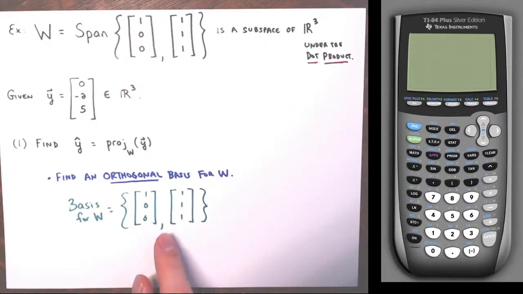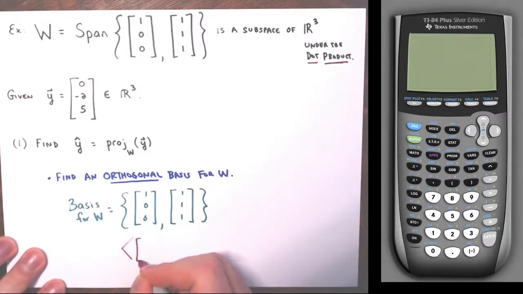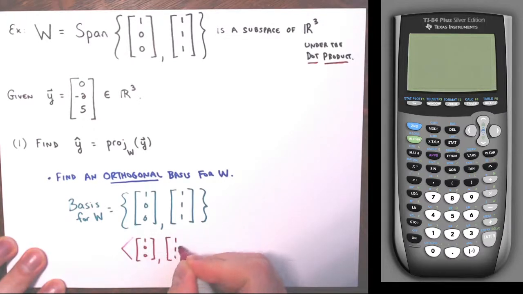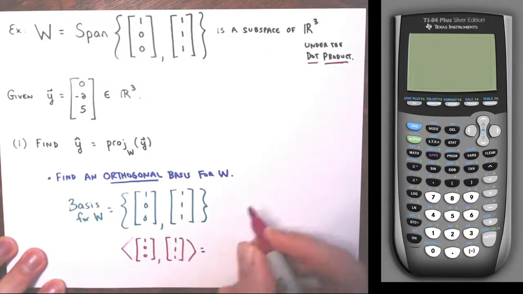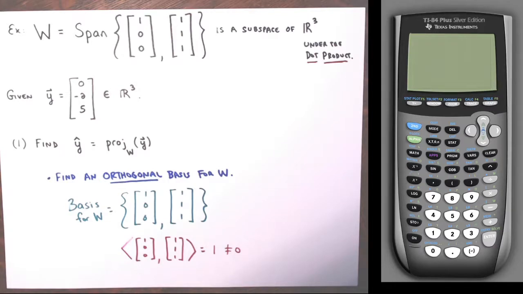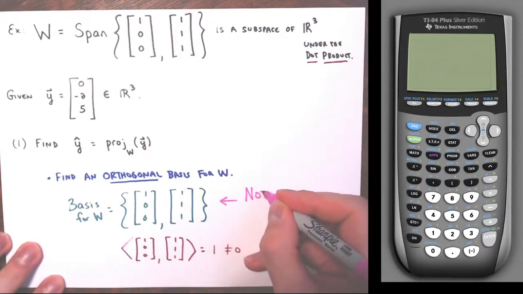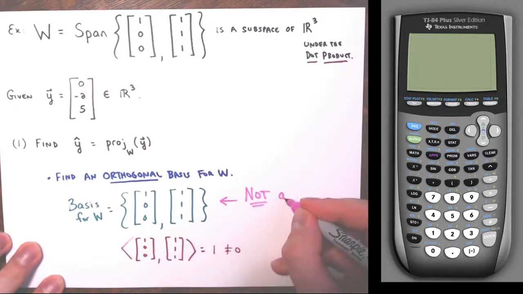Remember, an orthogonal set means that every pair of vectors is orthogonal. If you look at the inner product of 1, 0, 0 with 1, 1, 1, that's not 0, right? The inner product's the dot product here. It's just 1 plus 0 plus 0, that's 1. That's not 0. So this is not an orthogonal basis of W.